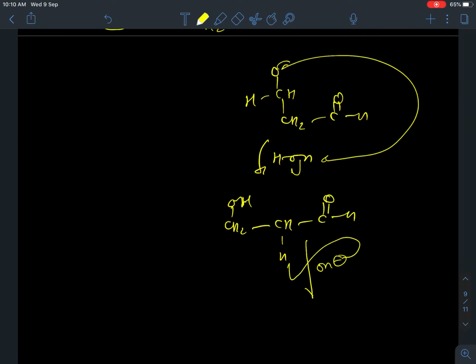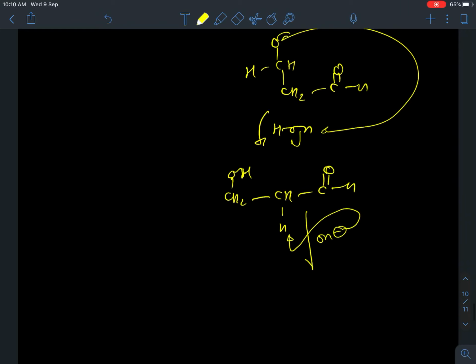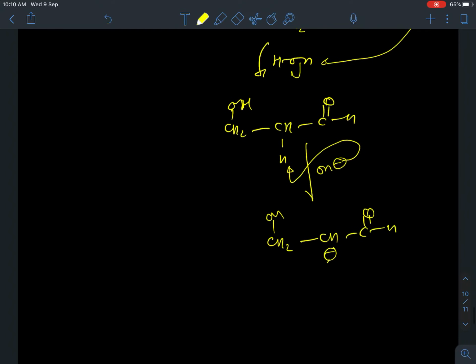This OH minus will take out this hydrogen and generate CH2 negative and C double bond OH, and it will attack in this.